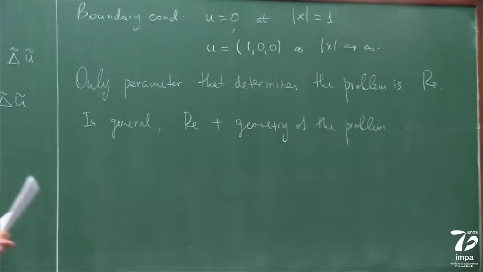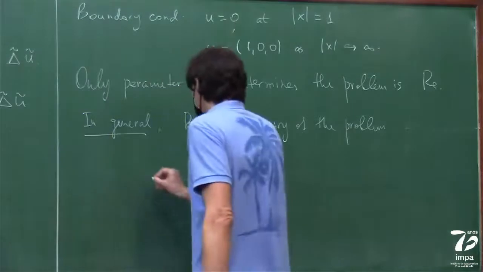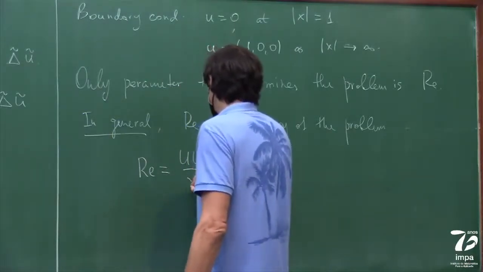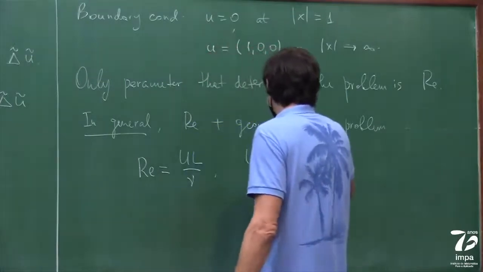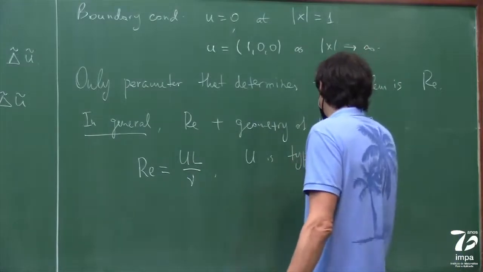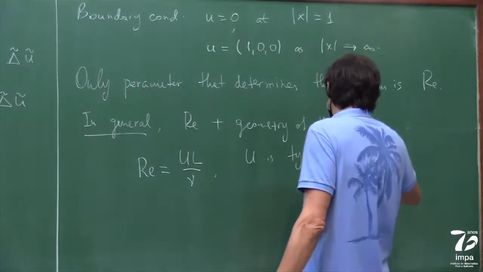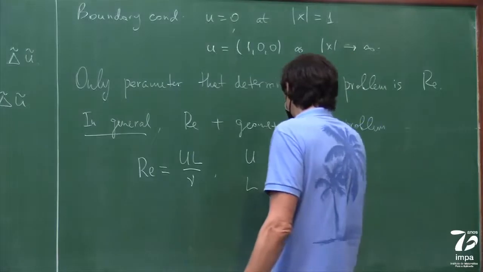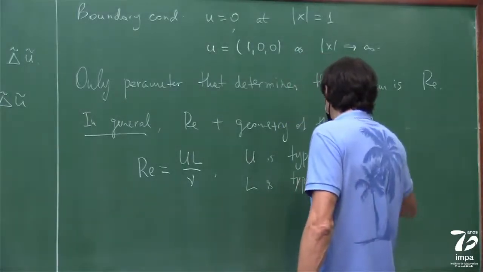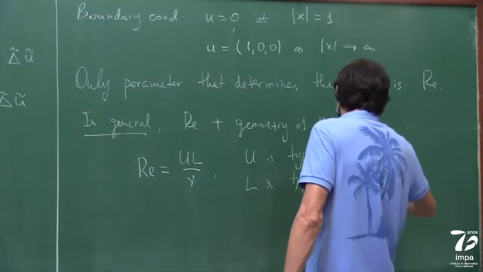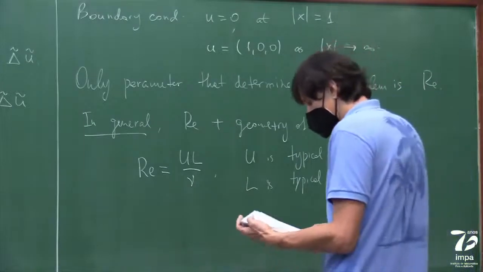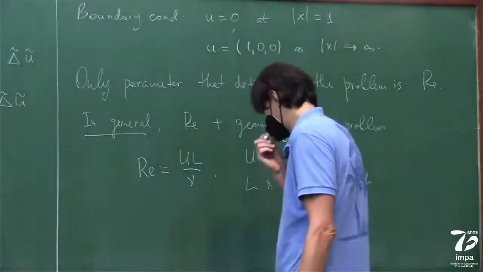So in general, the Reynolds number is defined as UL over nu, where U is some typical speed of your problem, L is some chosen typical length, and nu is the kinematic viscosity. And you can immediately have many different ideas.